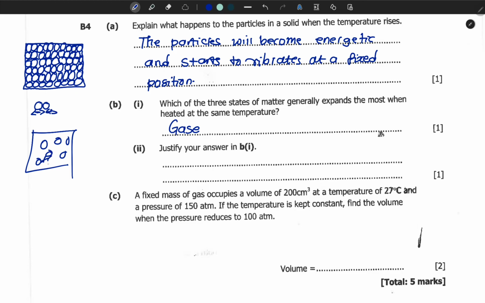So when they become energetic, they will start to move at a faster speed due to the spaces between the particles. So we can say because there are spaces between the particles.